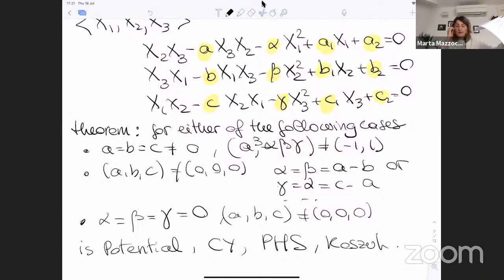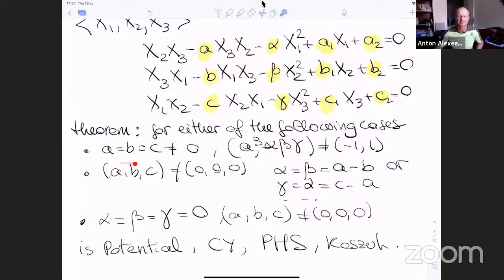But the first case is kind of generic, right? Yes. Generically it is, but you have to exclude some values. Well, it's not complete. I shouldn't say generic, because nothing is generic.